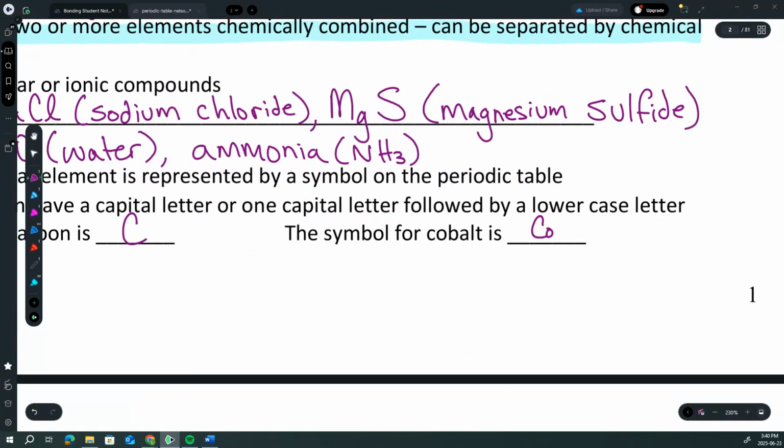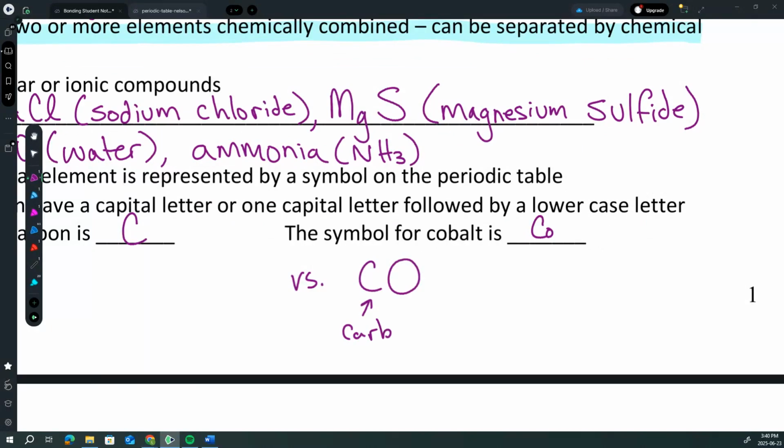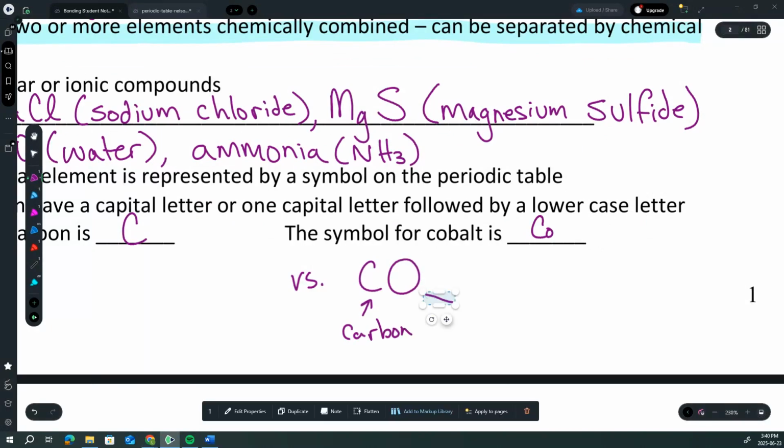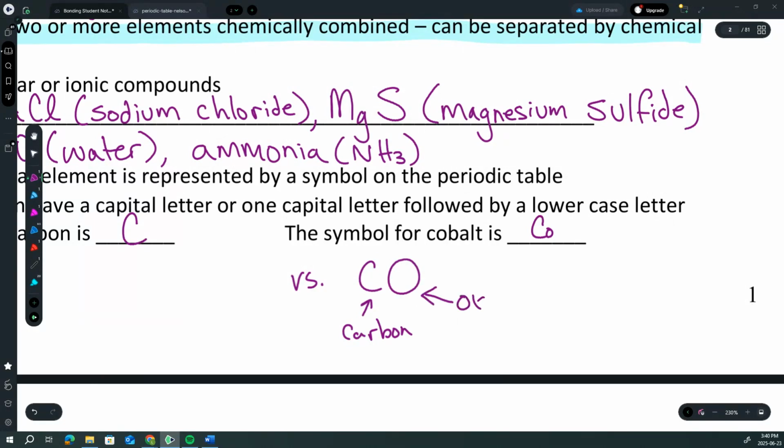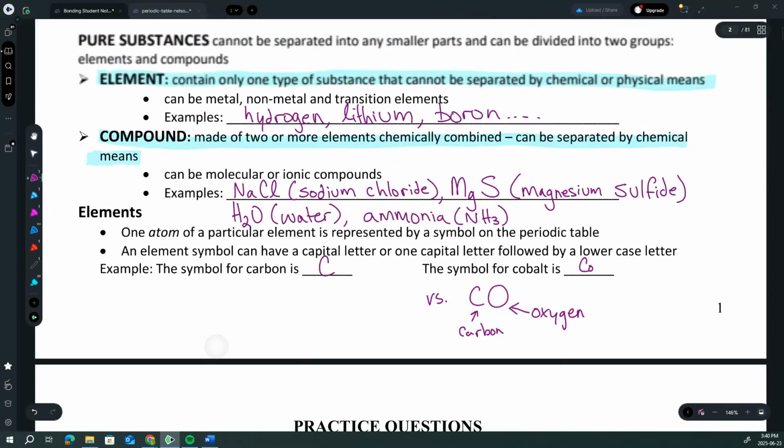Okay, and so I'll write down in these notes what I wrote on the periodic table there, versus if we have capital C, capital O, that's carbon, this is oxygen. Okay, so very crucial difference that you need to be aware of when using capital letters as well as lowercase letters.